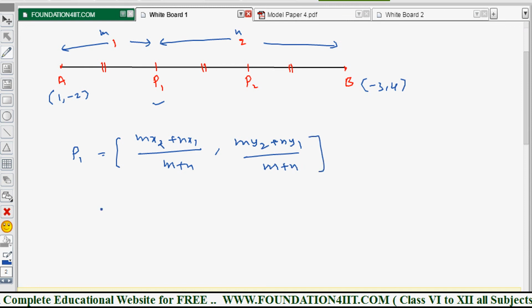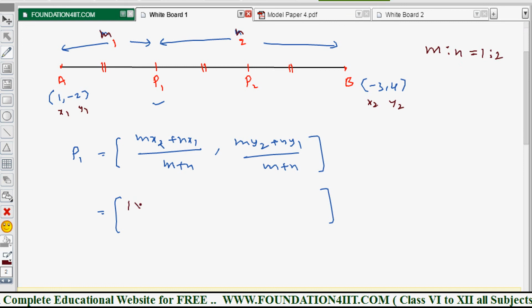Which will apply this formula, you will get the coordinate point P1. So then m is 1. So 1 into x2. x1 y1 x2 y2. So if you take, so this is x1 y1 and B is x2 y2. 1:2 ratio, m and n. So m is to n is equals to 1:2 ratio. We will take and substitute in this formula.